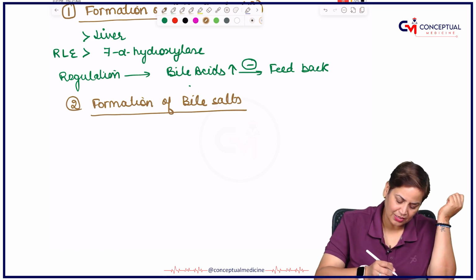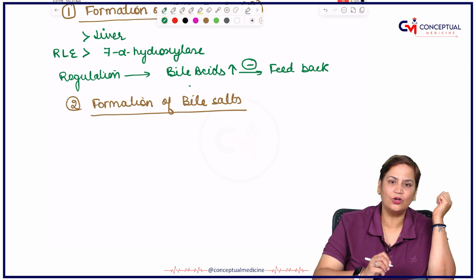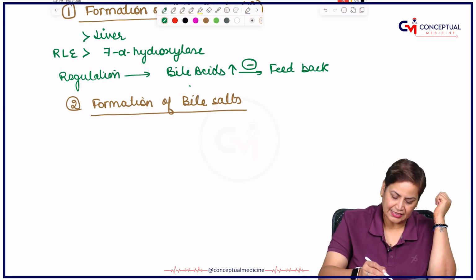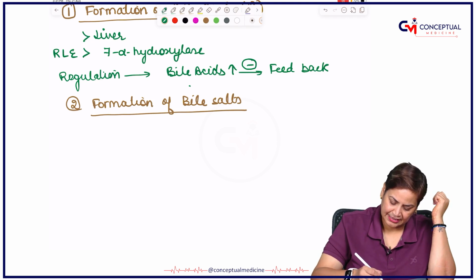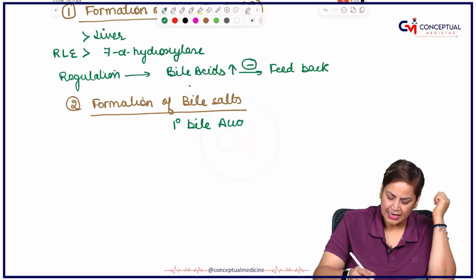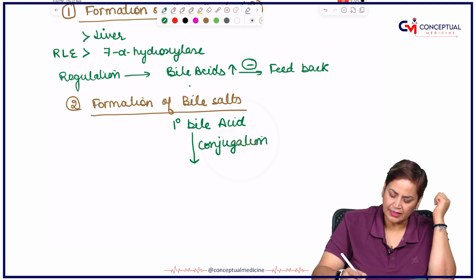And what are these bile salts? If we talk about the examples, the bile salts undergo a very important process called conjugation. So I can say that these primary bile acids undergo conjugation. Where? In the liver.